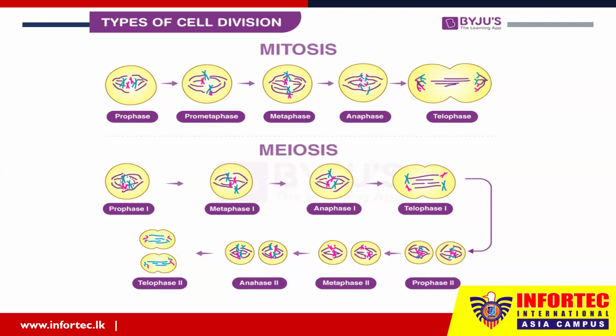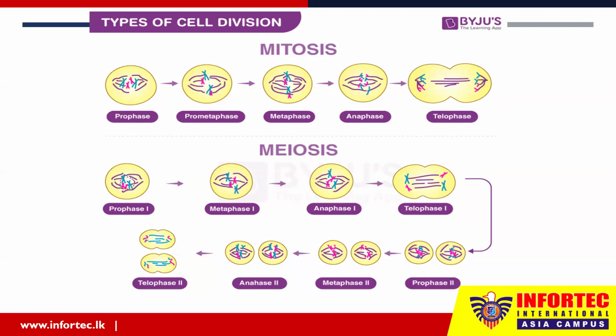As you know from earlier, all the genetic material is stored in the nucleus, right? In order to divide this cell into two daughter cells, what should happen? The nucleus also needs to be divided. So the first step is that the nuclear membrane, in other words the nuclear envelope or the double layer of the nuclear membrane, is going to dissolve.